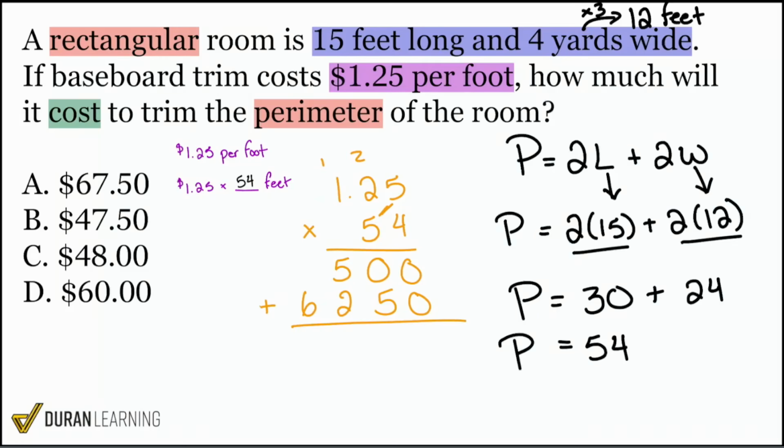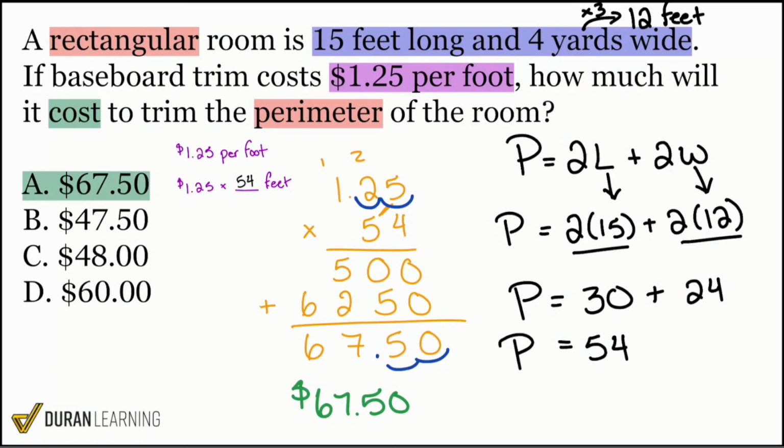Add everything back up, and we have a 0 there, 5, 7, and 6. How many decimal places are we bringing back, my friends? Yeah, bringing back 2. We have 1, 2, so that's 1, 2. And there we are. Our final answer here is going to be $67.50.